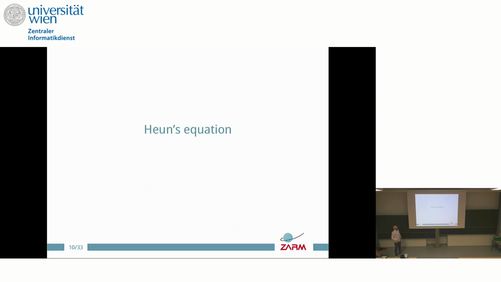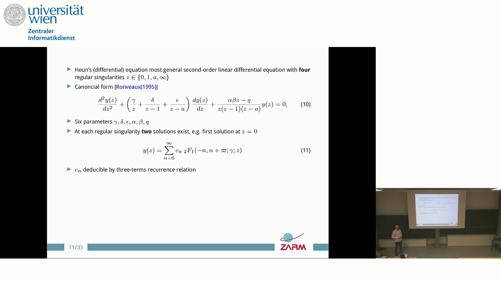So, the Heun equation. It is the most general differential equation for ordinary second-order linear differential equations with 4 regular singularities. In a canonical way, it is written in equation 10, and then we have our regular singularities now at 0, 1, a, and infinity.